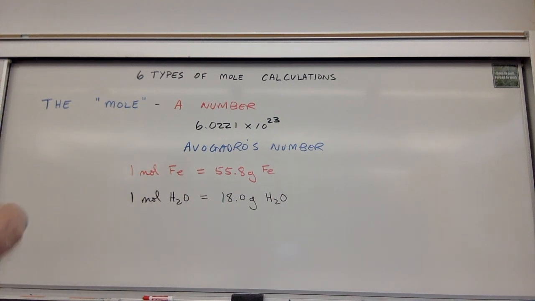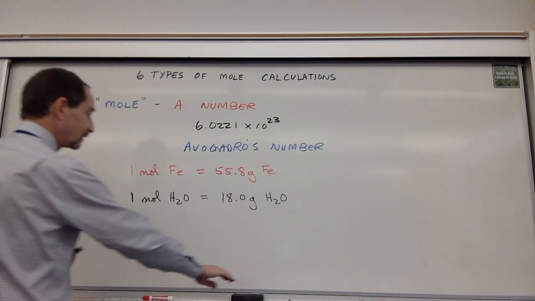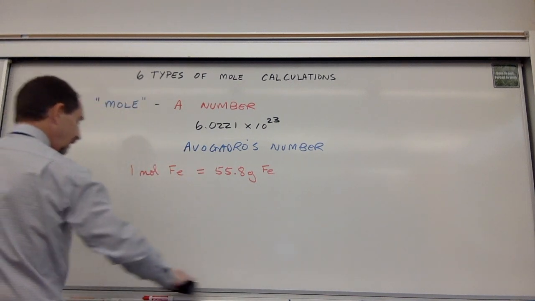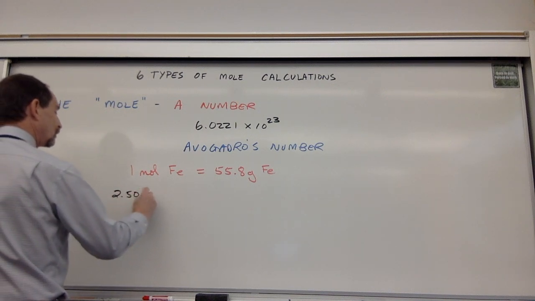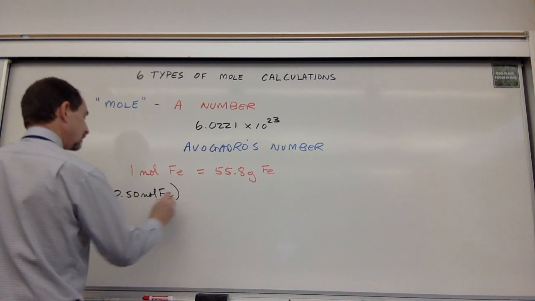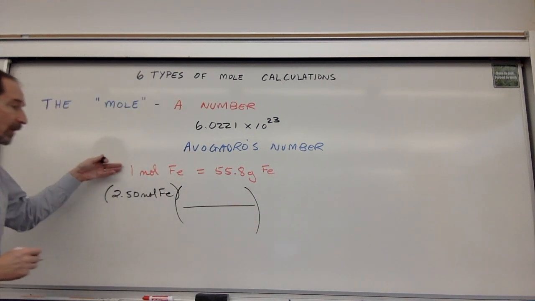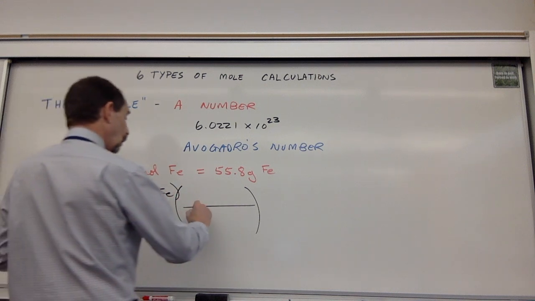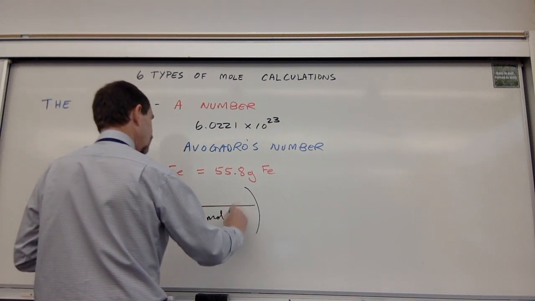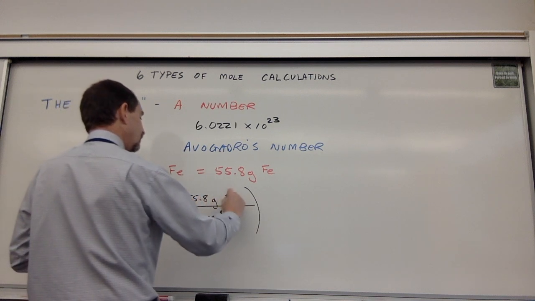For instance, if I had some iron and I knew I had 2.5 moles, I can do this calculation. 2.5 moles of iron multiplied by a unitary rate (1 mole of iron equals 55.8 grams of iron).